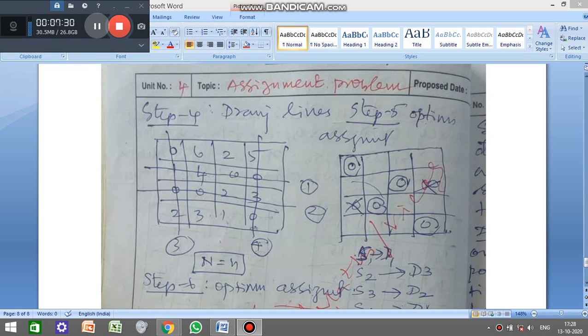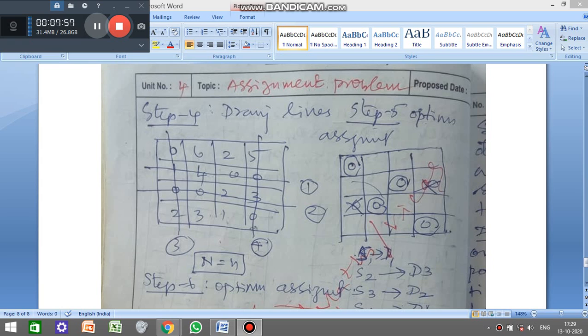Now come to the second row. But before that you have to understand one thing. I have assigned the first salesman to the first district, therefore I have assigned the first box in the first row. If any other zeros are there in that row, you have to strike them out. In that row no other zeros, so we need not strike out any zeros.